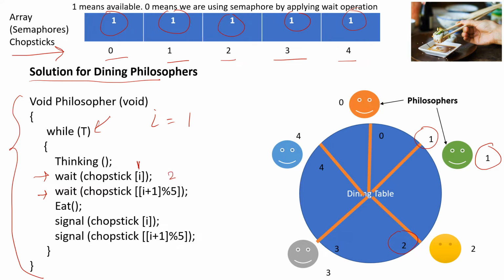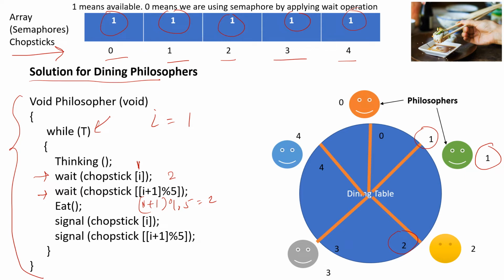How do we get 2 here? I is equal to 1, so (1 plus 1) mod 5 is 2. So there will be two wait operations performed by philosopher 1. Why we have used mod 5 here, I will explain later.